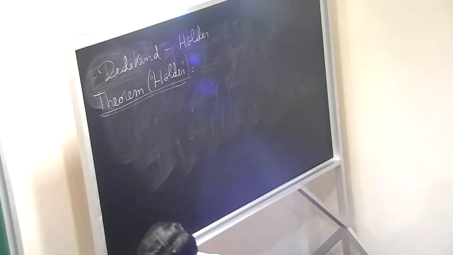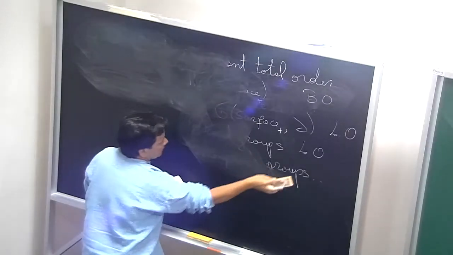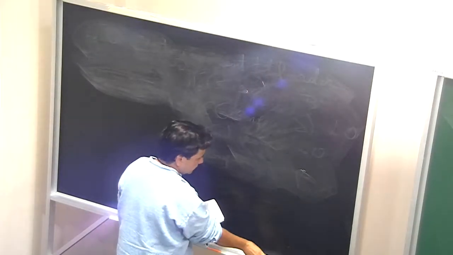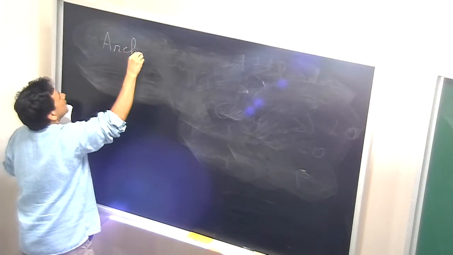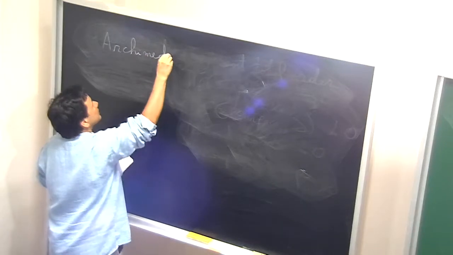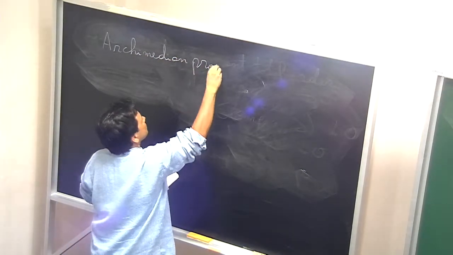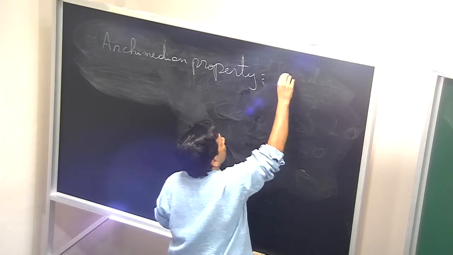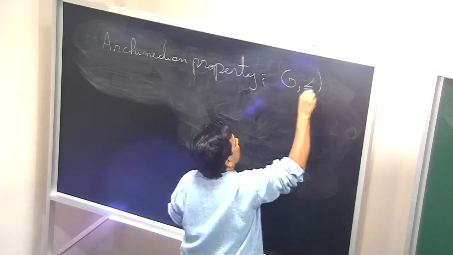So let me remind, before stating the theorem, a fundamental property of the reals, which is the Archimedean property. I will state it for a left order group in general.